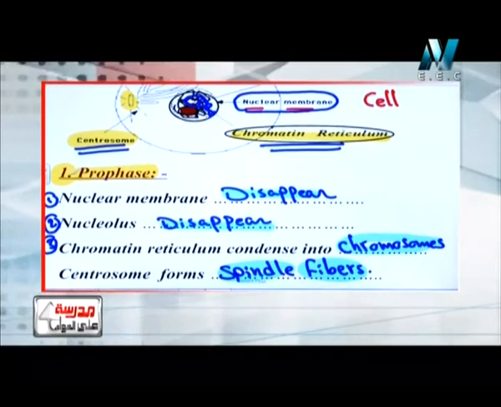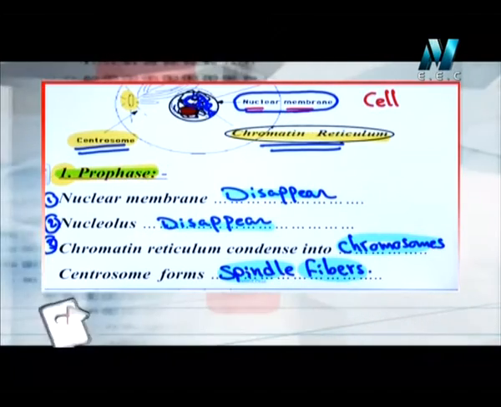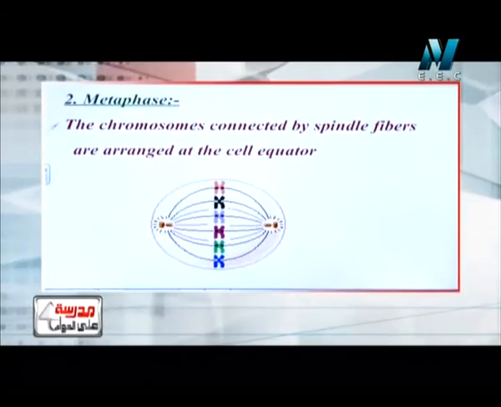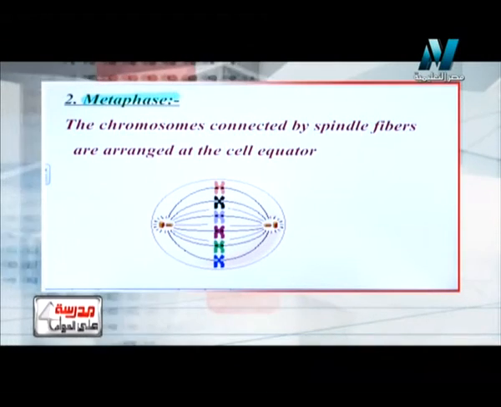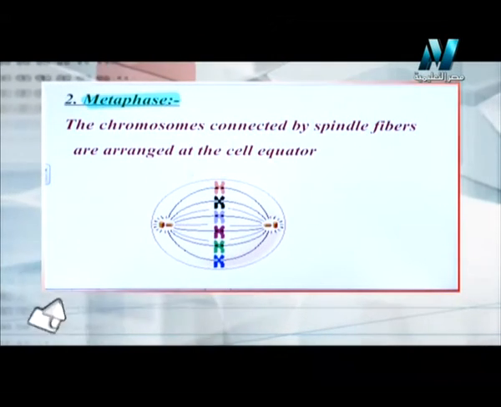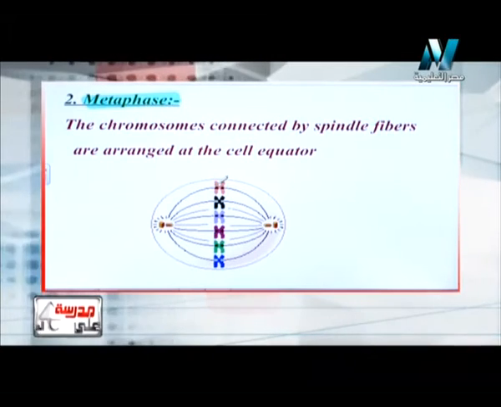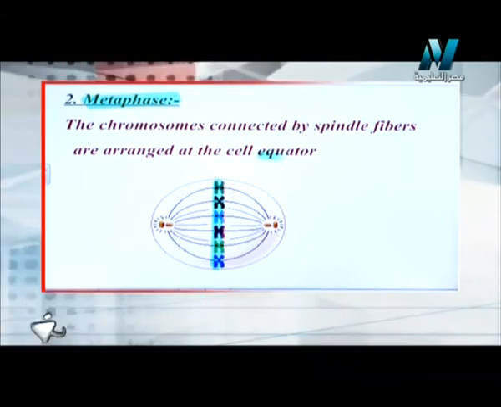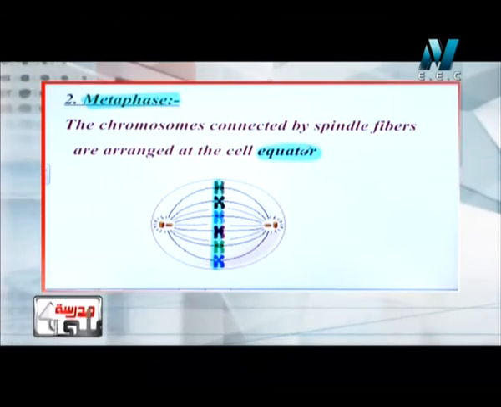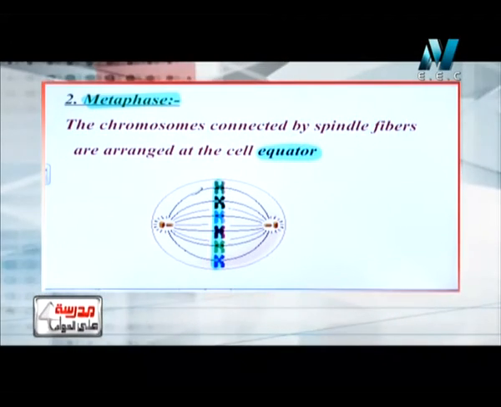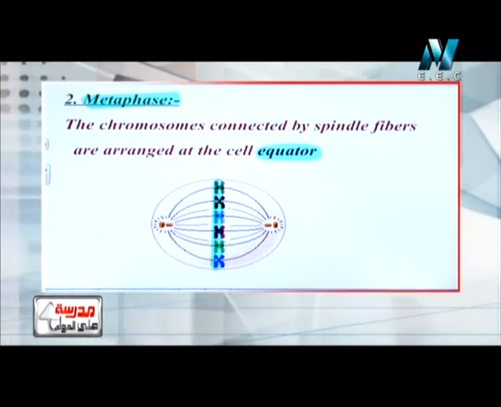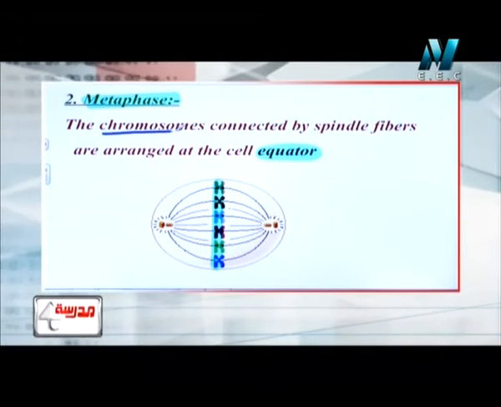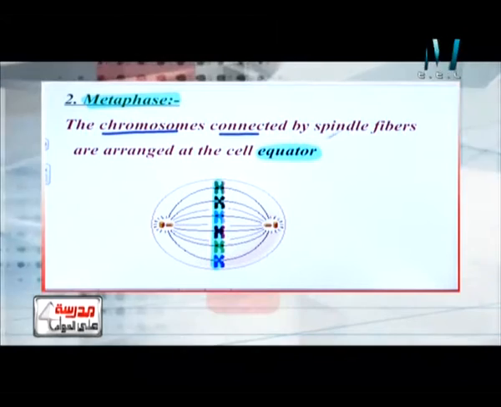The next stage after prophase is called metaphase, as in the middle. As we see, all chromosomes arrange at the cell equator, like the equator in social studies. In metaphase the chromosomes are connected by spindle fibers.